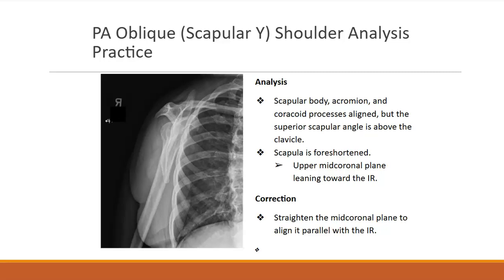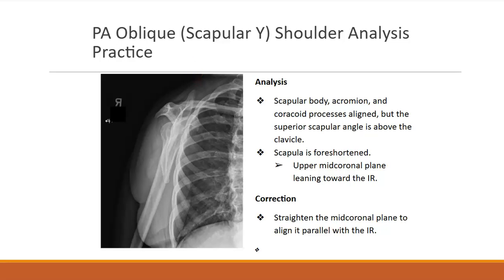In looking at the medial and lateral borders of the scapula here, they appear to be superimposed. However, we do have some plane tilting here. You can identify this by looking at the superior angle of the scapula.